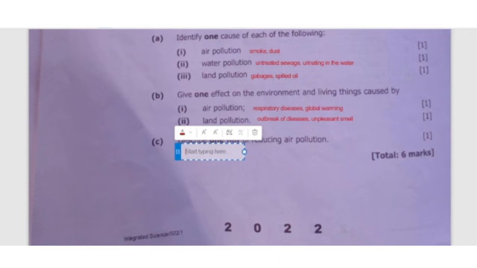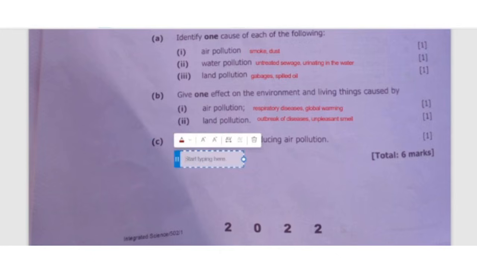Okay, so the last one is: describe one way of reducing air pollution.